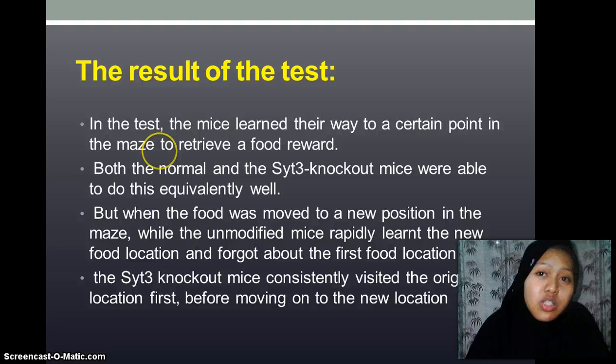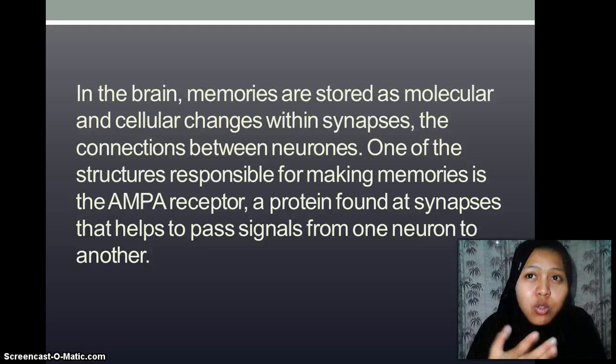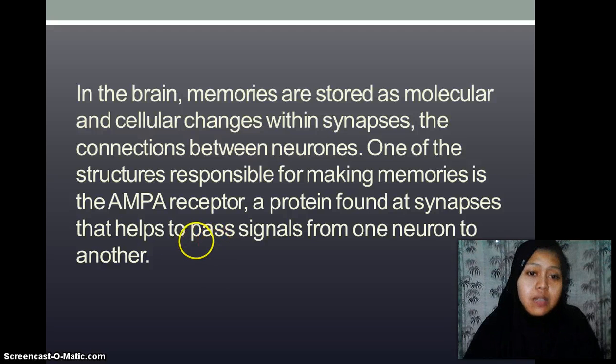Interestingly, the small molecule that the researchers developed to block C3 was able to replicate the effect of the knockout when injected into the brains of normal mice.